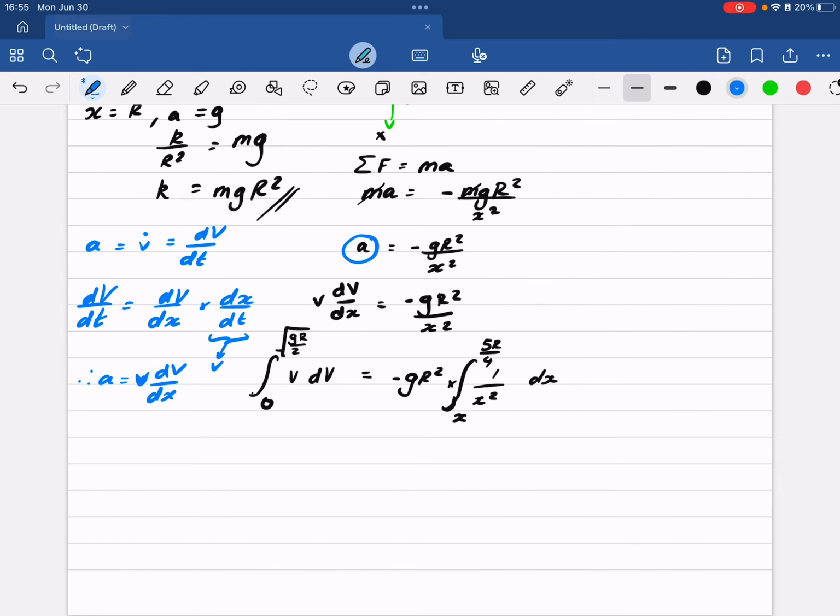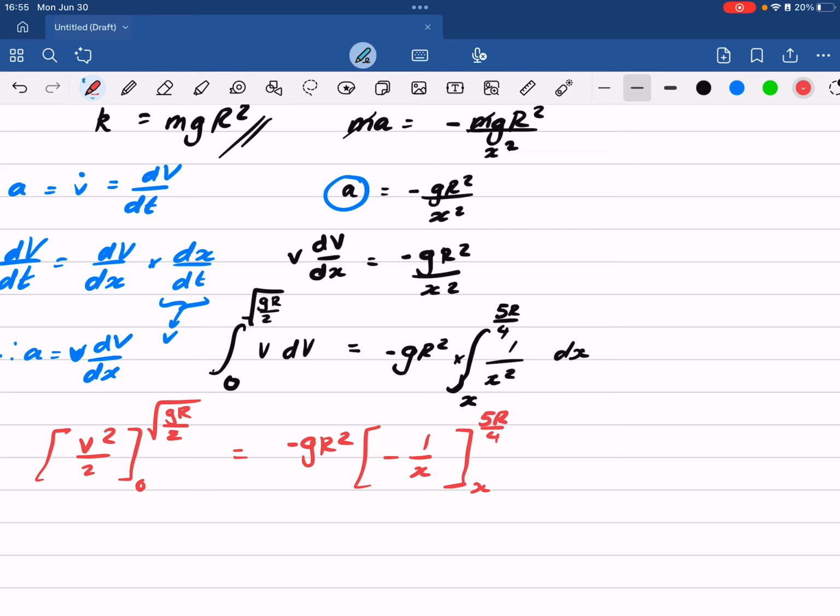So if I do it in red, v squared over 2, with our boundary conditions of root gr/2 and 0, is equal to negative gr squared, negative 1 over x, with limits 5r/4 and x. Well, negative 1 over x is just the integral of 1 over x squared.